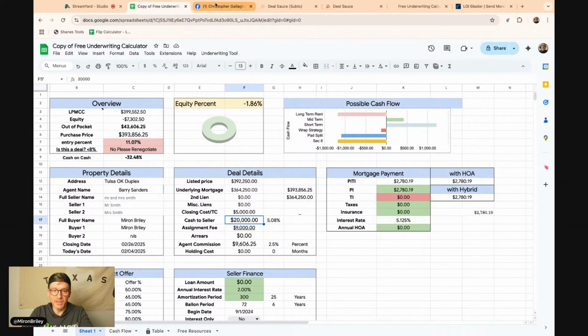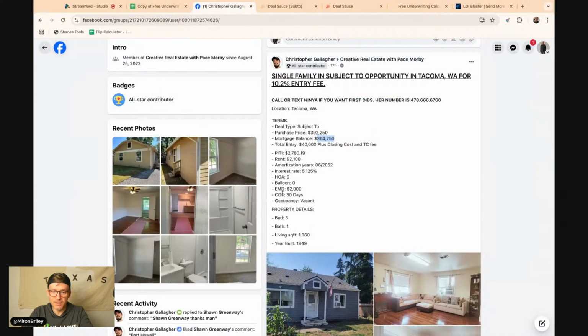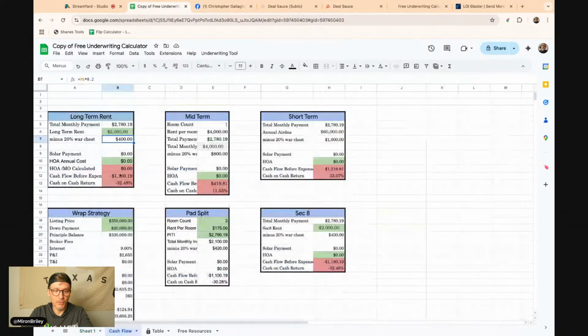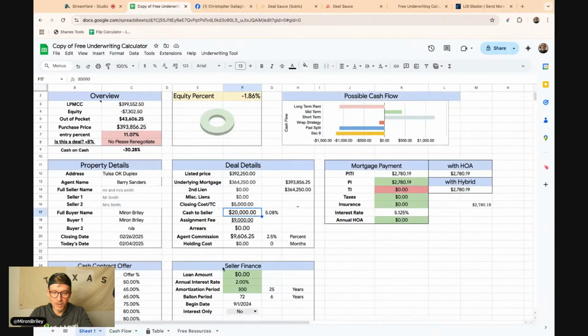So this one, he says the rent. I thought I saw rent 2,100. Just come over here, put 2,100. We're gonna lose a whopping $1,000 a month on that one.